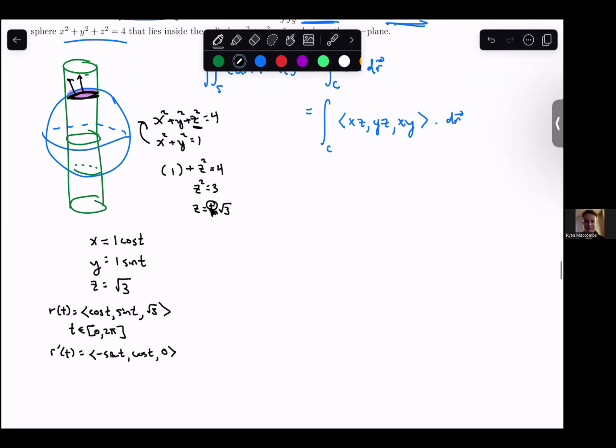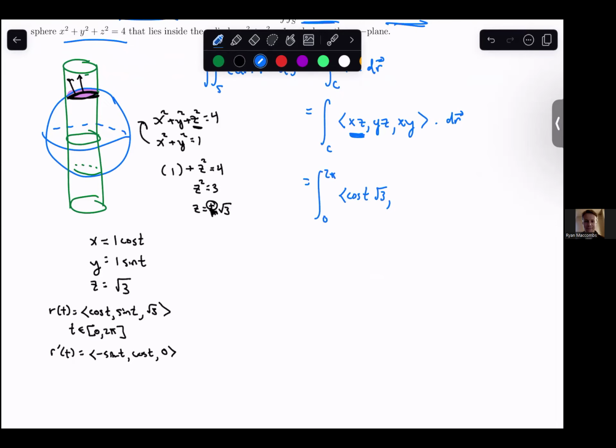All right, so now let's plug this stuff in over here. So again, we're going to be doing a t integral. That means we can use our t bounds, 0 to 2 pi. Instead of x, I'm going to put a cosine. Instead of z, I'm going to put a root 3. So that's me just reading off that first coordinate there and swapping in what x and z are in terms of t's.